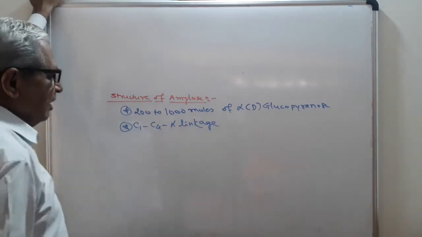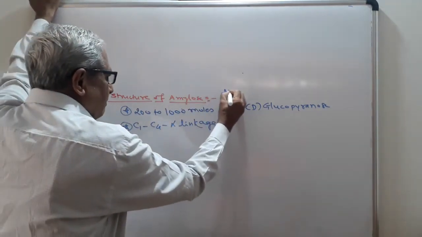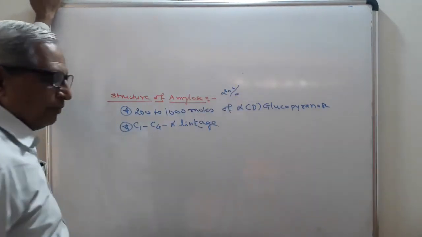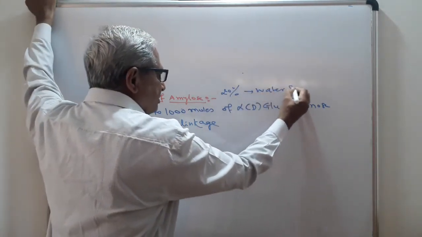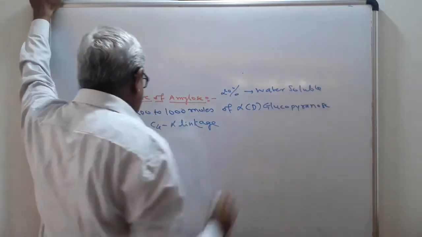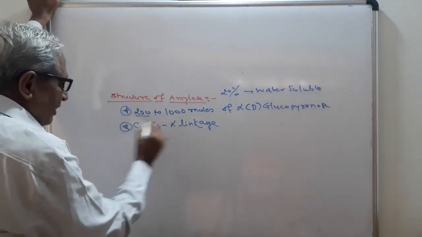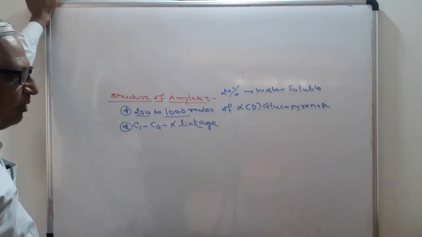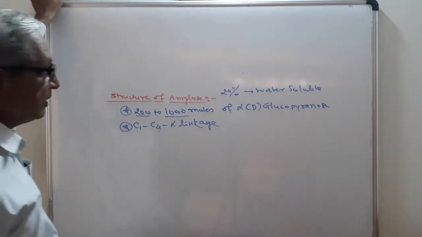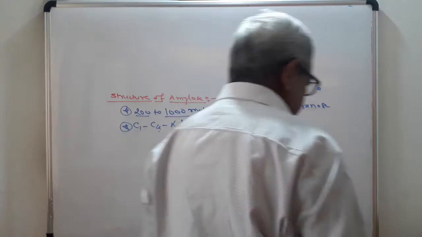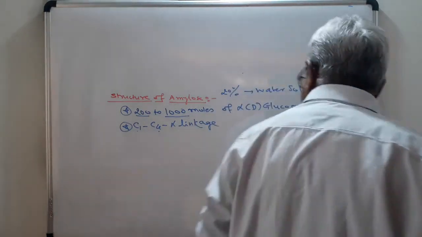See, amylose is present to 20% of the starch. It is water soluble. These are the two important points. This contains 200 to 1000 molecules of alpha D glucopyranose. C1 C4 alpha linkage will be present, and now I will explain the structure of this one.